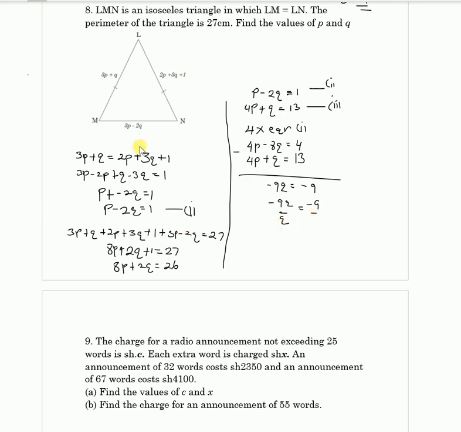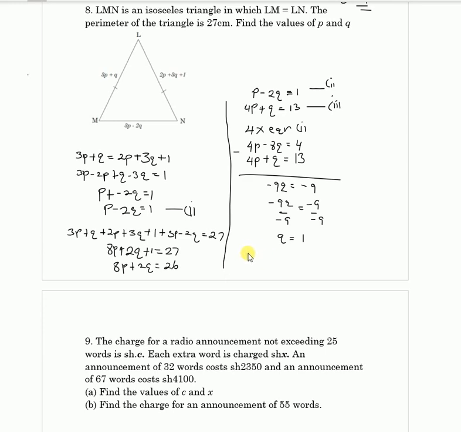Oh gosh, this one is not divided by Q. We shall divide by negative 9. So negative 9Q divided by negative 9, and negative 9 divided by negative 9, such that this one cancels that, and I have that Q is equal to 1.